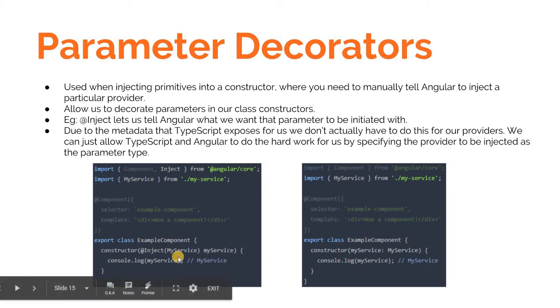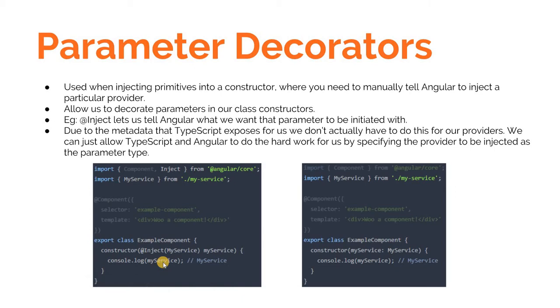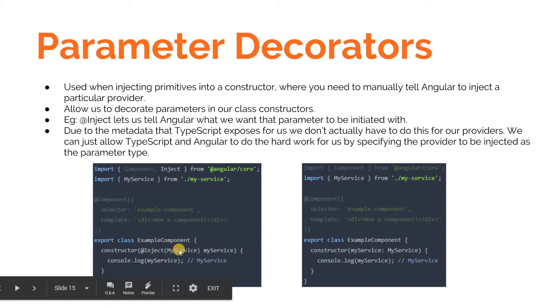And if you log the variable right here, then you will be able to see that this particular variable is of type my service, as specified in here.